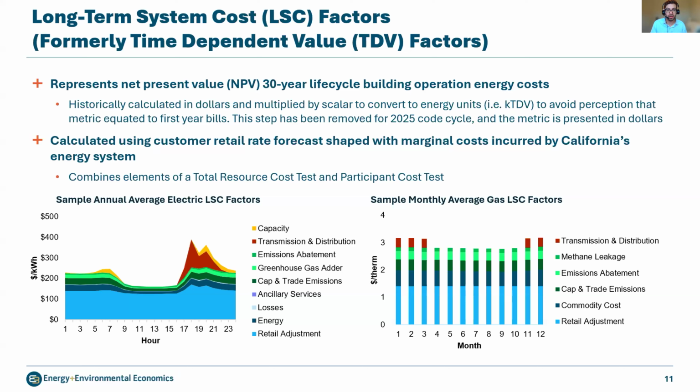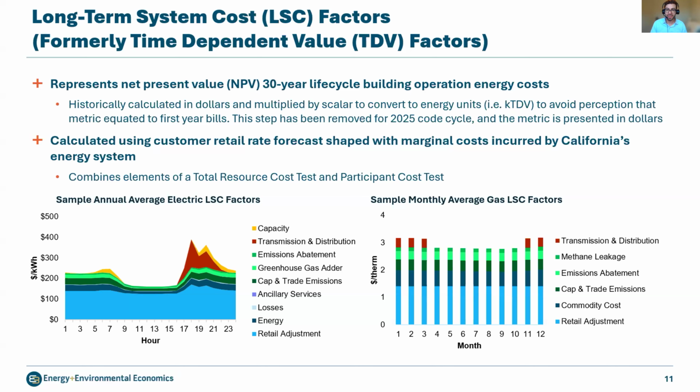Those were essentially dollars that were multiplied by a sort of arbitrary scalar just to convert and present these as energy units, in order to prevent the perception that these metrics represented a first-year utility bill. So moving forward for the 2025 code cycle, this conversion will be removed, and this will just be presented in dollars.